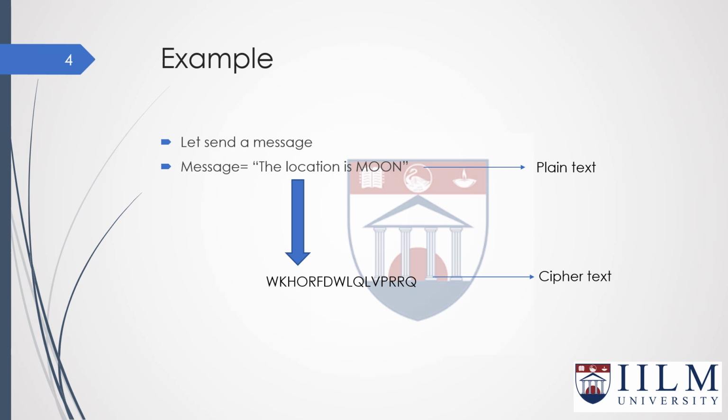So let's have an example of normal encryption and decryption, then we move towards the substitution cipher. Here my message is: the location is moon.